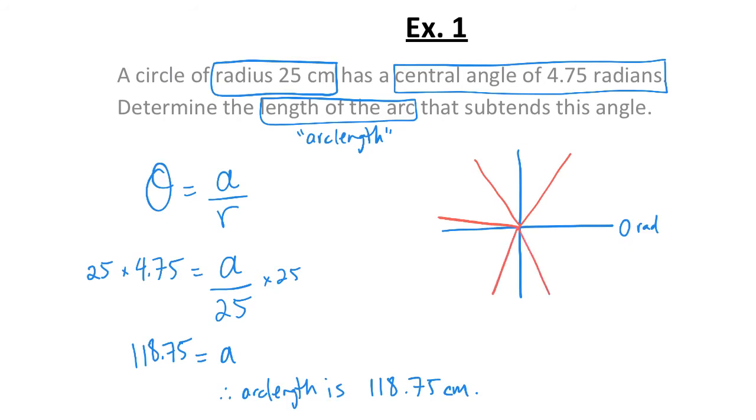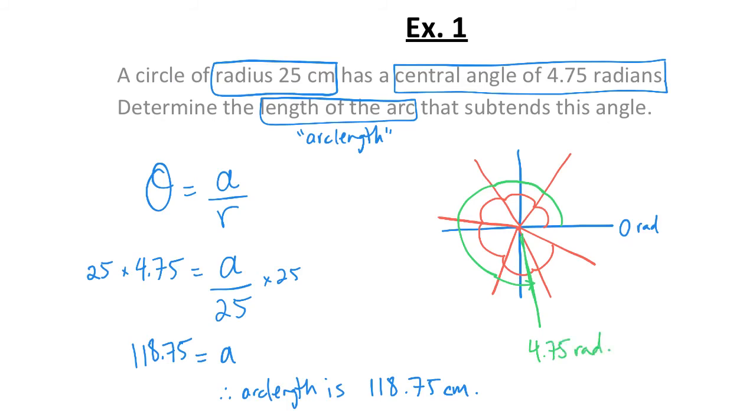So just roughing this out, we have 1, 2, 3, 4, 5, 6 and a bit radians to go all the way around the circle. So 4.75 radians would be 1, 2, 3, 4, and then most of this way here. Okay, so we're in this region to look at what 4.75 radians is.